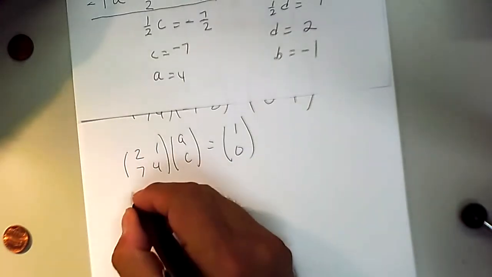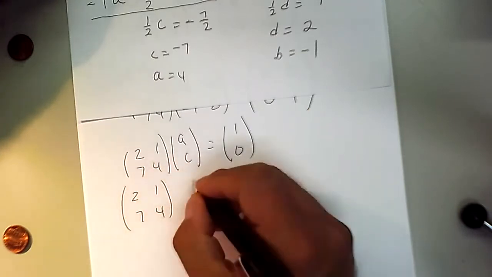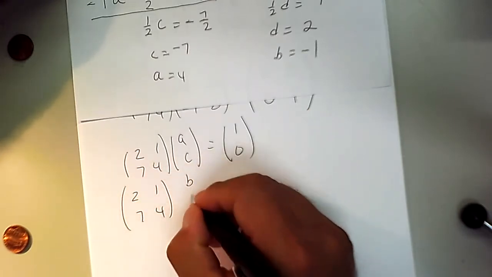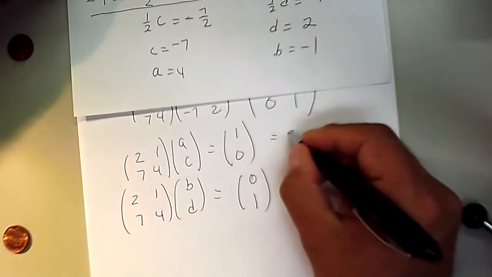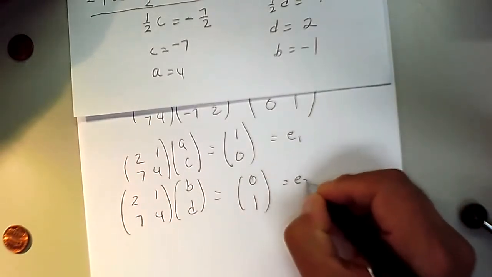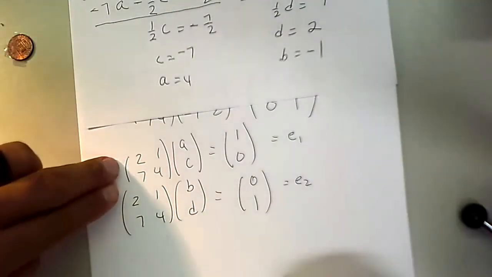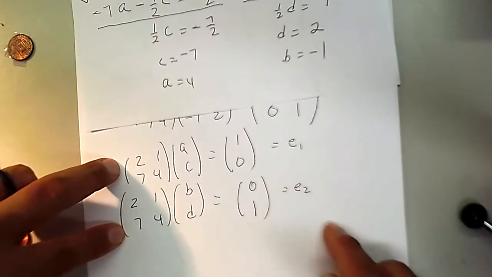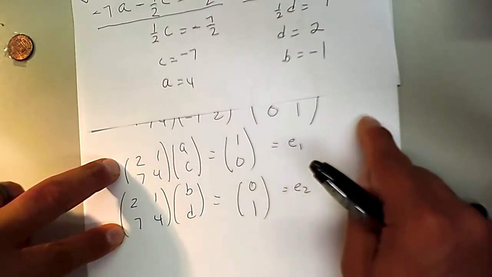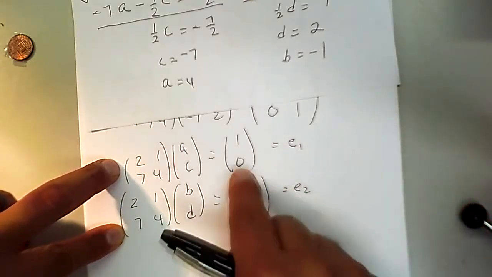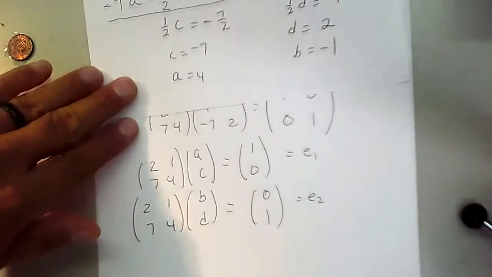And then we also want to do this 2, 1, 7, 4, and we want to find the vector BD that creates 0, 1. Oftentimes we label this as little e1, and this is little e2, the unit vectors in the direction of x, the direction of y. If there's 3 dimensions, this is kind of misleading, because if we were in 3 dimensions, we will label the 3 vectors e1, e2, e3, but they are not the same as those vectors. Anyway, so we can split this up into 2 problems.